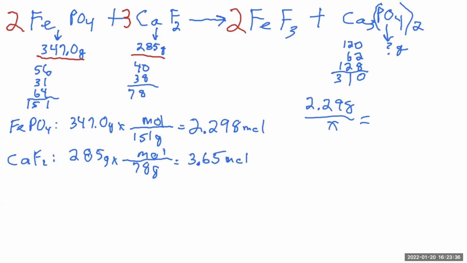And what's the ratio going to be? Is it 2-to-1? 2, because we use the subscripts right here. This is the subscript for iron phosphate. This is one for calcium fluoride. 2-to-3? Okay. Yep. So it's exactly 2 over 3.